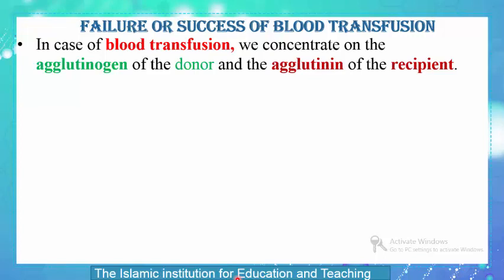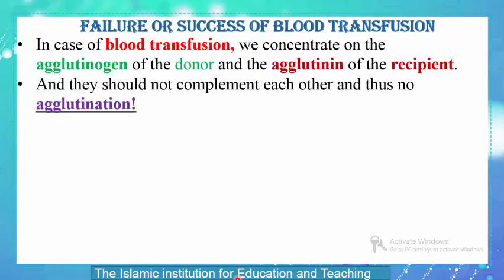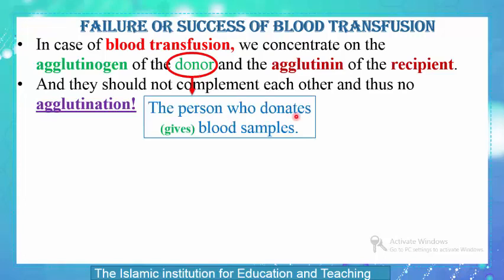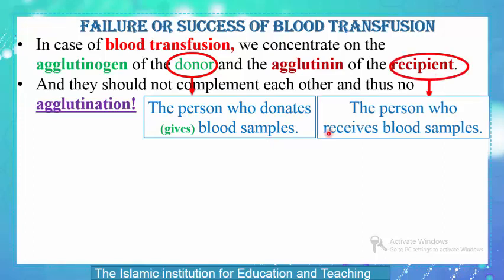In order to prevent agglutination, there must not be complementarity between the agglutinogen of the donor and the agglutinin of the recipient. Of course, you still remember, the donor is the person who donates, meaning gives the blood samples, while the recipient is the person who receives the blood samples, meaning the patient.